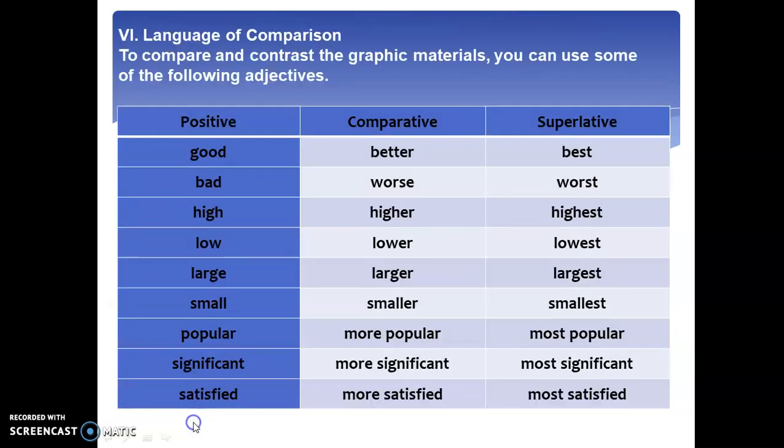This is another list, the language of comparison. You need to bear in mind that if you use the wrong language of comparison, then your analysis will be wrong as well. When you write a sentence in which your analysis is supposed to use the superlative form, for example, you are talking about the profit of company A, and company A had the highest profit in the year 2018, but then you use the word higher.